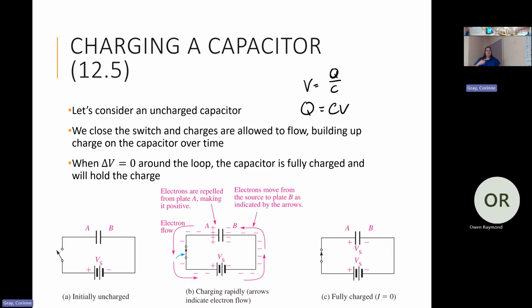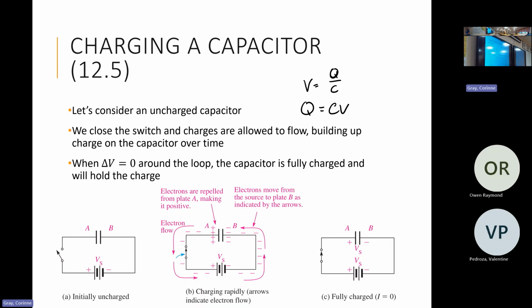If we're thinking about going around the loop in the clockwise direction, I'd add the voltage from the battery, and then I would subtract that same value due to the parallel plate capacitor, because the positive side of the capacitor is on the same side as the battery. So they are going to cancel out. This is how we're typically representing our maximum charge.